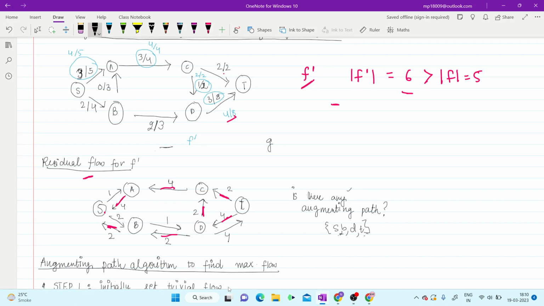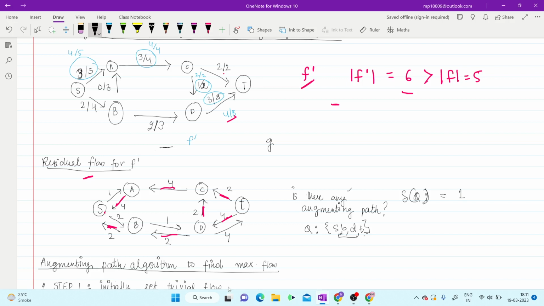Now if we are looking at this path, this is our path Q. What is the capacity of this path Q, which is S B D T? It is 1.